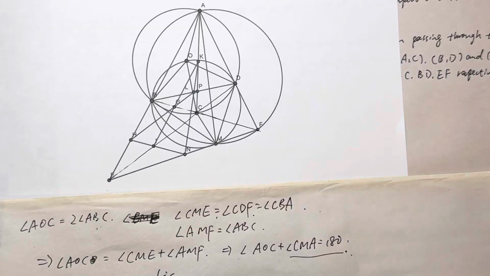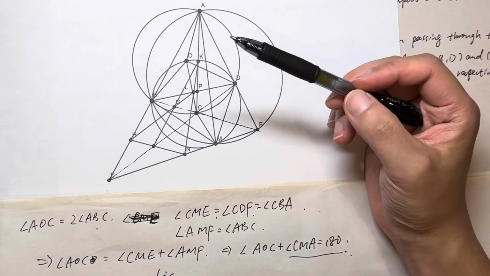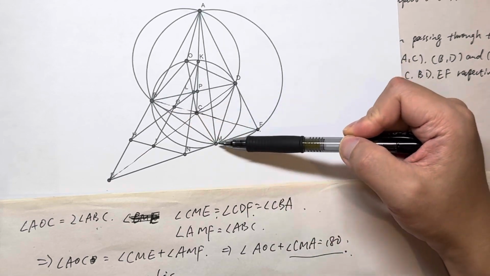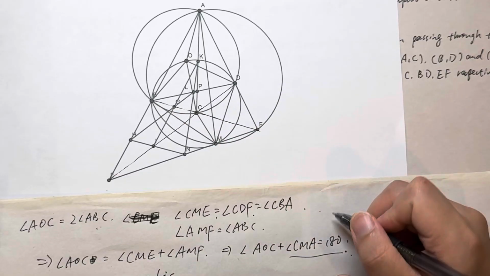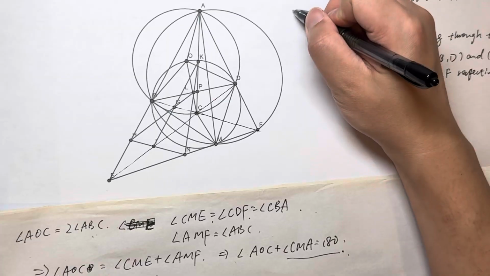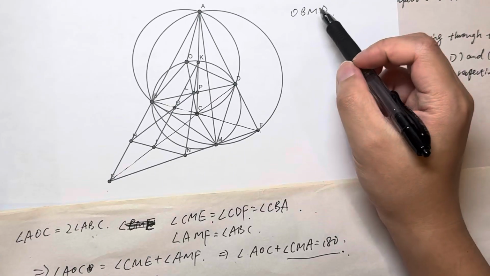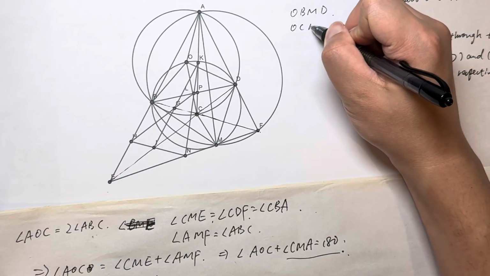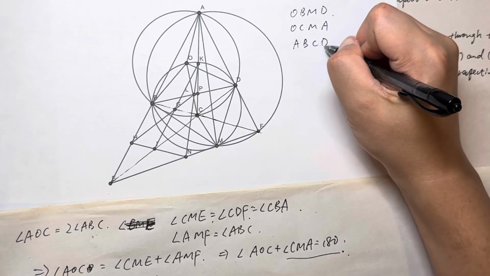Now you need to be very careful here. If you look at the circle OBMD, let me write it down here, OBMD. We want to check on the circle OBMD, the circle OCMA, and the circle ABCD.